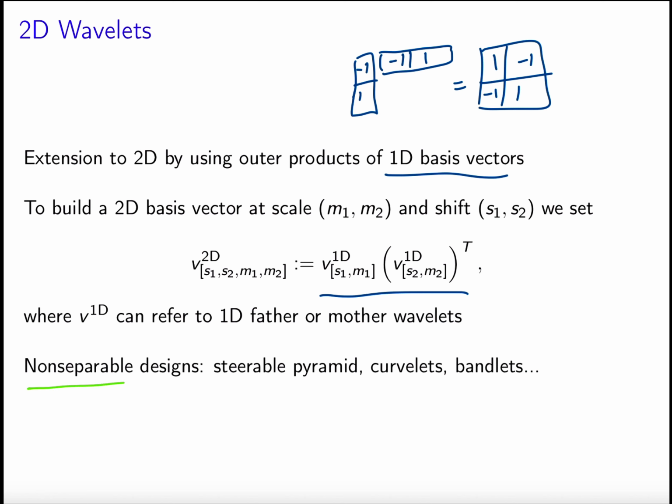By separable here, we just mean that separable 2D wavelets can be written as the outer product of 1D wavelets. There are other designs that are non-separable and have some better characteristics in terms of the artifacts they produce when you represent images with them and so on. I really encourage you to look into them. The steerable pyramid in particular was developed by Eero Simoncelli, who is at CDS and at the Center for Neural Science at NYU.